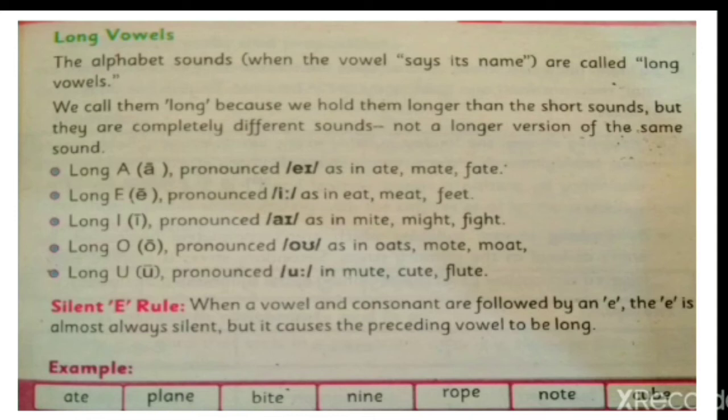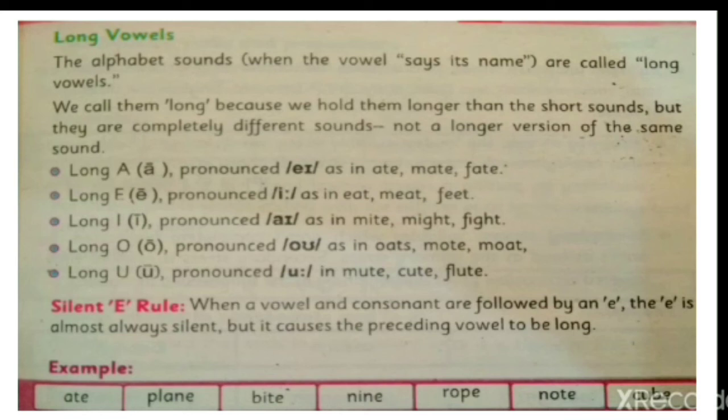Examples: eight, plain, bite, nine, rope, note. In note we have o, rope again o, nine I, bite I, plain a, eight again a, and in cube we have u. Like we have produced the sound as long vowel sounds.